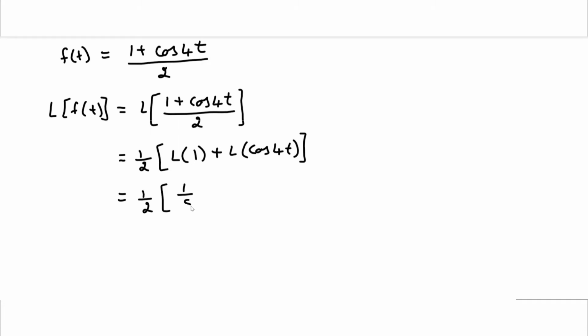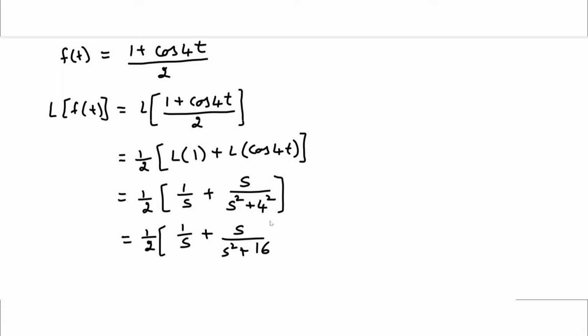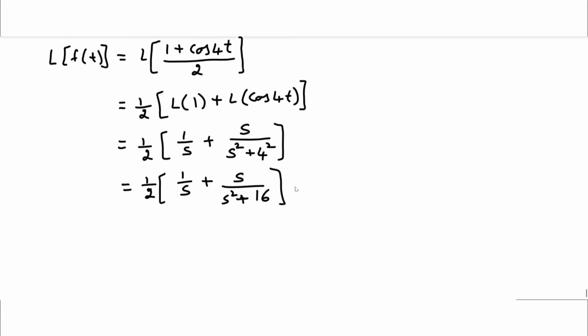So Laplace transform of 1 will be 1 by s plus Laplace transform of cos at is s by s square plus a square. Here the value of a is 4, so you will be getting 4 square. This can be further written in the form of 1 by 2 times of 1 by s plus s by s square plus 4 square, which can be written as 16. So it is s square plus 16. So this will be acting as your f bar of s value.